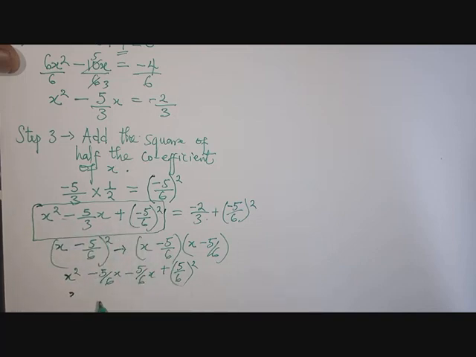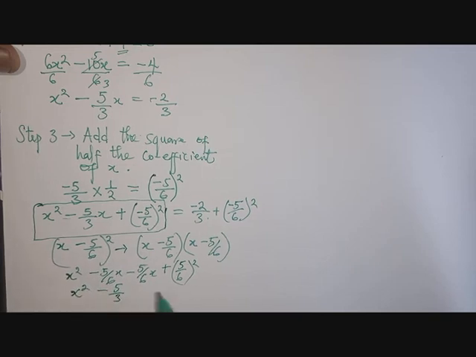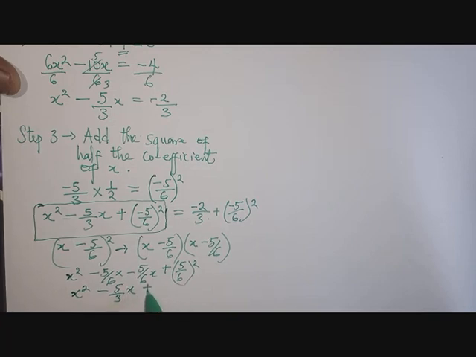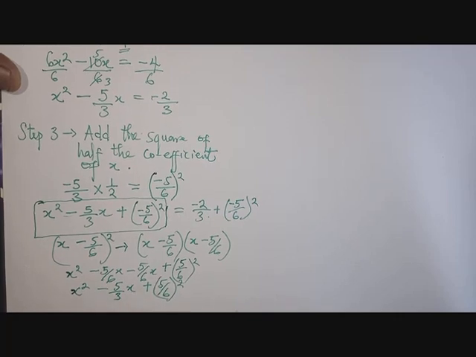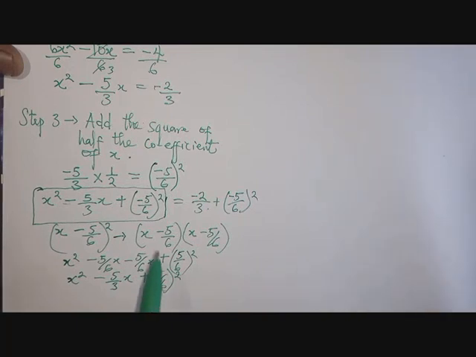So this is x squared, minus 5 over 6x minus 5 over 6x gives minus 5 over 3 x, then plus this. So looking at it now, you should understand why I went straight to factoring it into this.